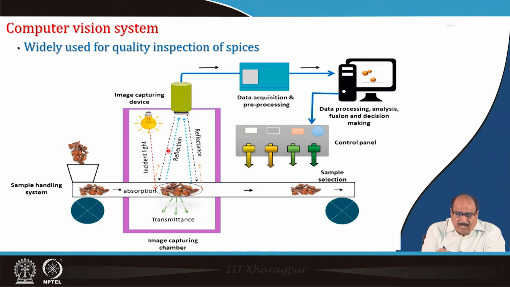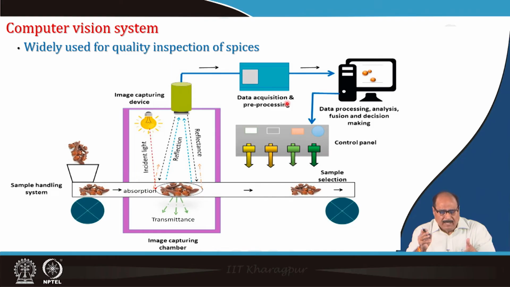The light falls on the product, some of the light is reflected back, and the reflected light is captured in the device, which sends the data to the data acquisition and pre-processing system. Finally the data is processed and sent to a control system. So, using this machine, we can get different grades of material.